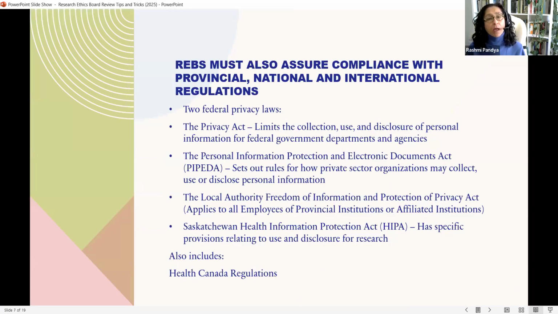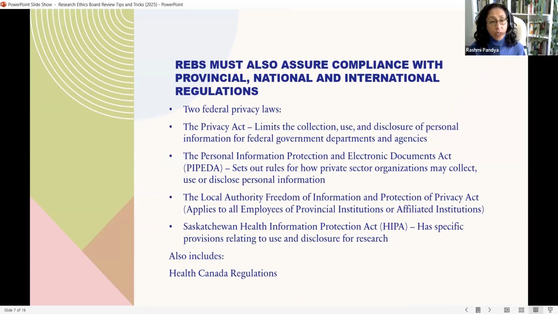Just so you know, REBs also are mandated to assure compliance with provincial, national, and international regulations. In Canada, this means the two federal privacy laws must be adhered to, the Privacy Act and the Personal Information Protection and Electronic Documents Act, PIPEDA for short.